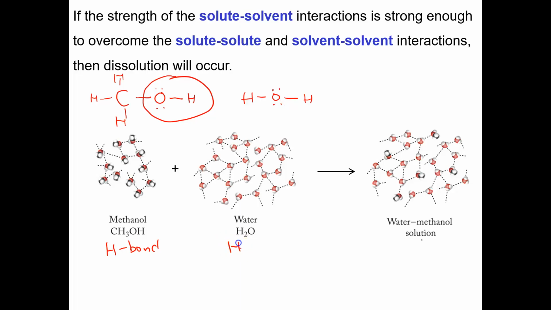So what that means is the types of forces, hydrogen bonding, that we're disrupting amongst methanol molecules and amongst water molecules are similar to the type of forces that we're creating between water and methanol molecules when we mix these together. So that means that the type of solute-solvent interactions that we're forming is similar in energy to the types of interactions that we're disrupting, and so as a result, the solution will form.